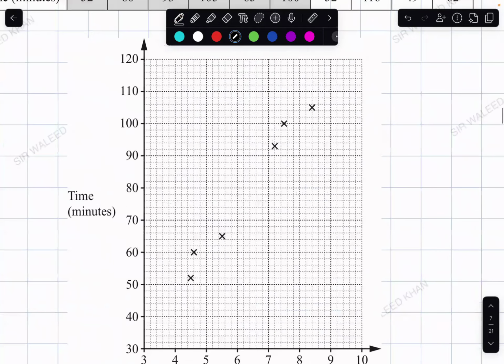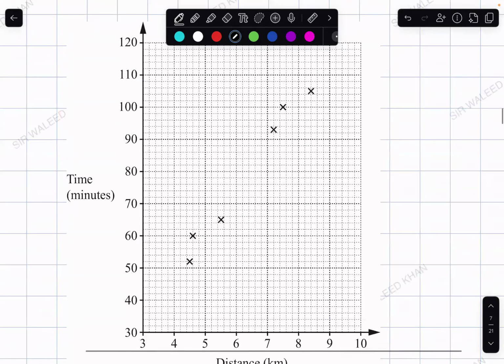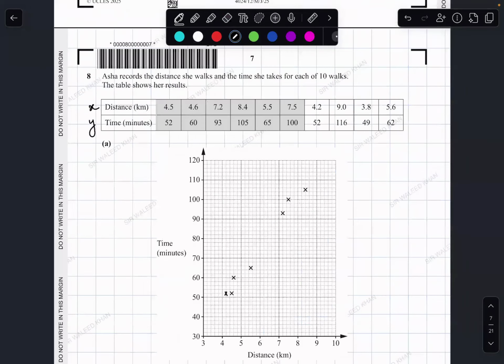4.2 and 52. And do check the scale as well. One unit is representing 0.2 on the x-axis and 2 units on the y-axis. This one. Next, 9 and 116.